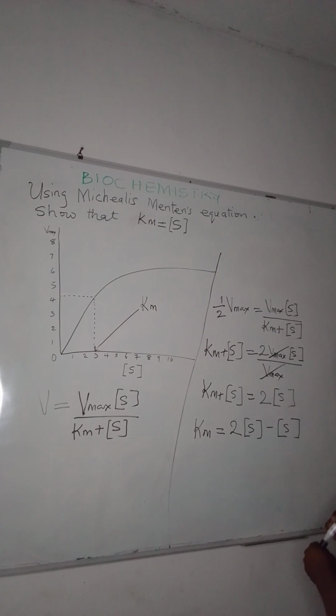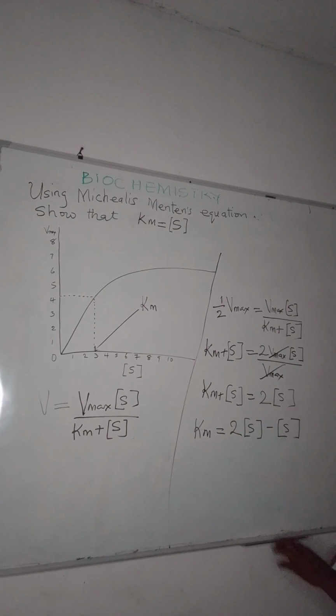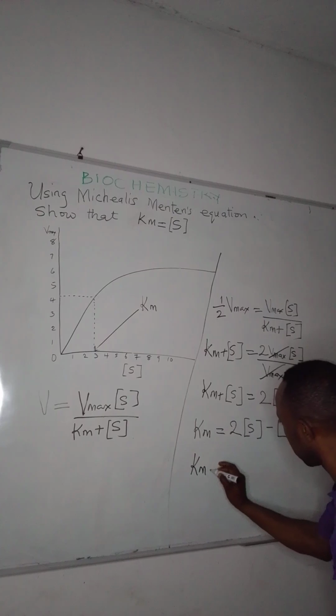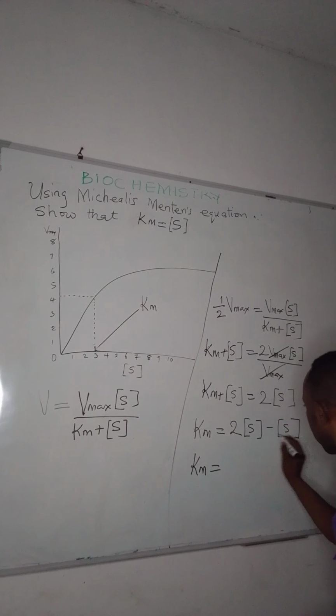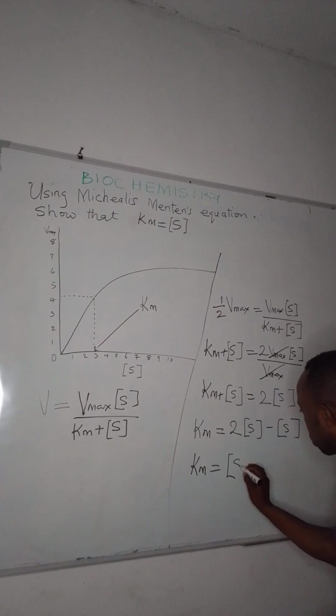So at this point, we have Km equal to 2 substrate concentration minus substrate concentration. So 2S minus S is 1S. That means that Km will be equal to 1S, which is substrate concentration. So this is the final answer.